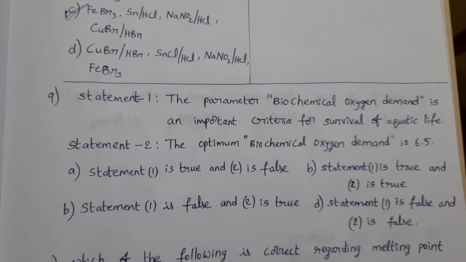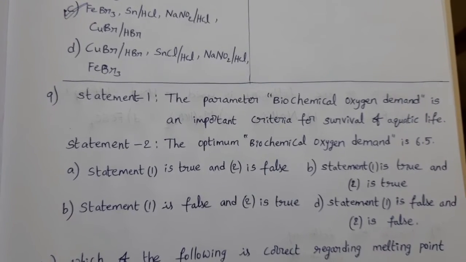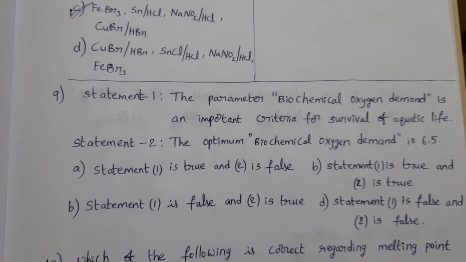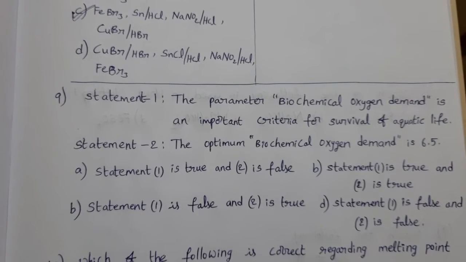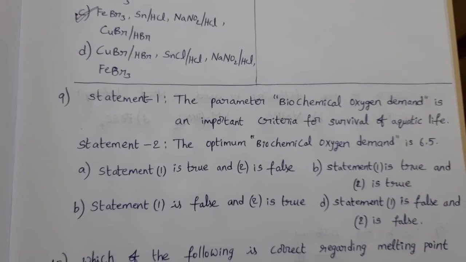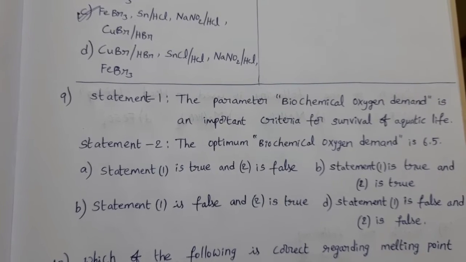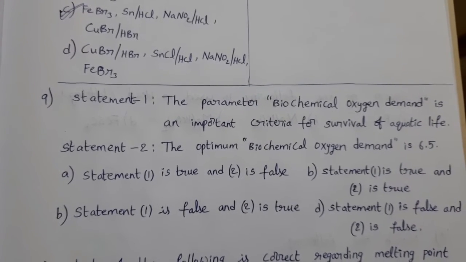The waste matter present in the polluted water is decomposed by microorganisms by using some amount of oxygen. That amount of oxygen is called biochemical oxygen demand. So statement 1 is correct.